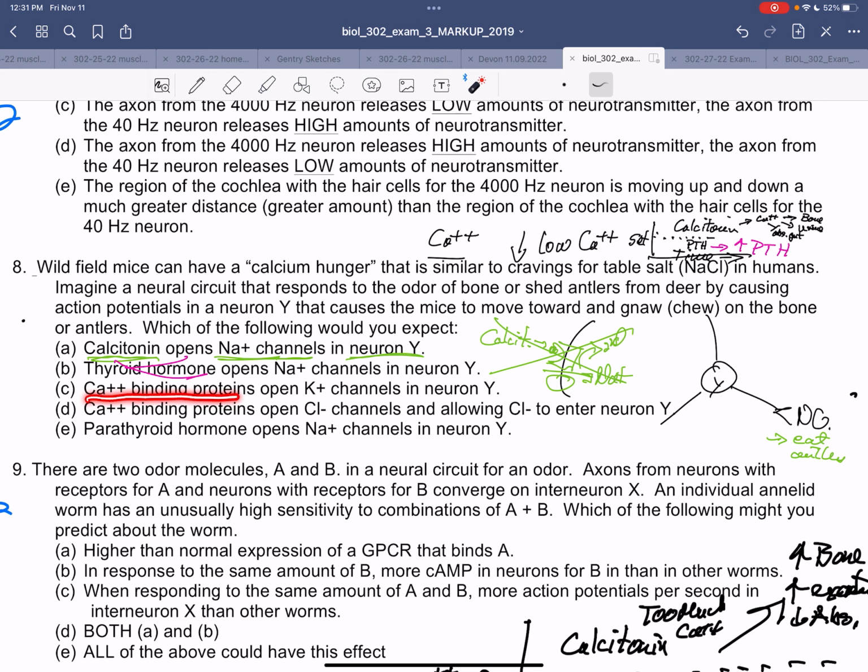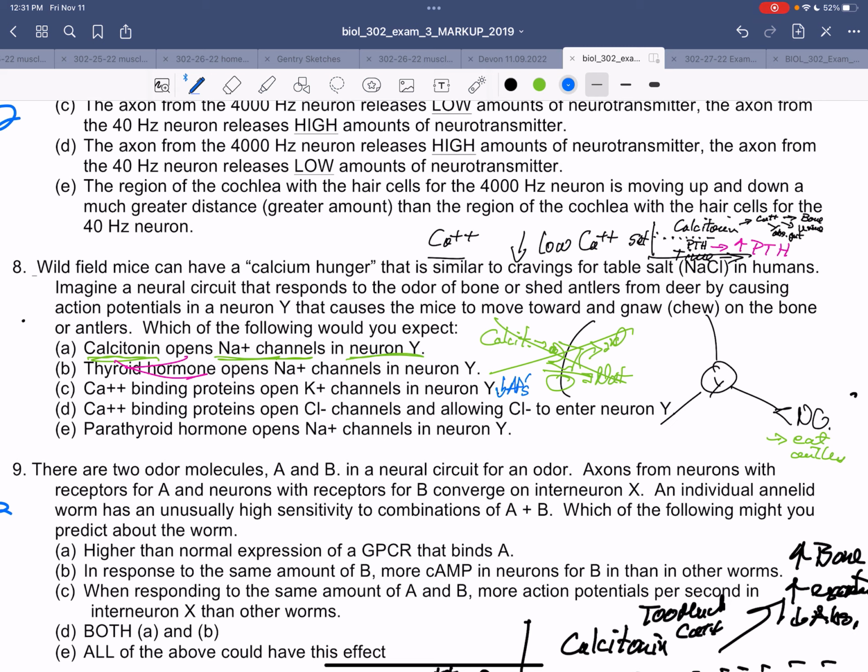What about calcium binding proteins to open potassium channels in neuron Y? Well, that would mean fewer action potentials. Okay, does that help us?